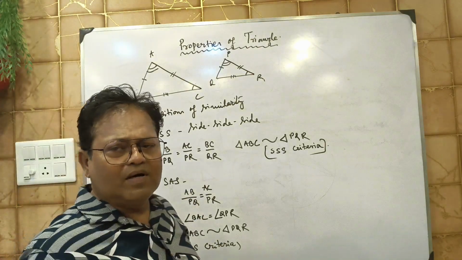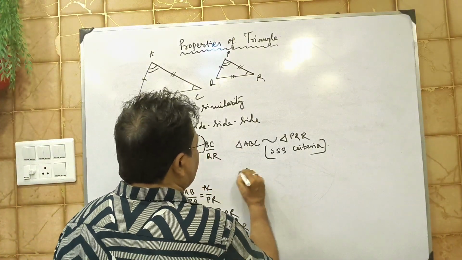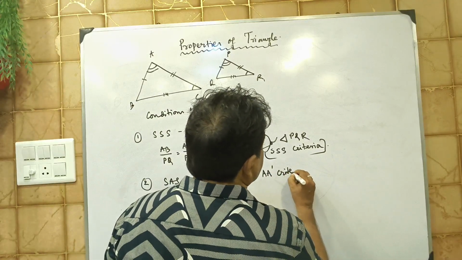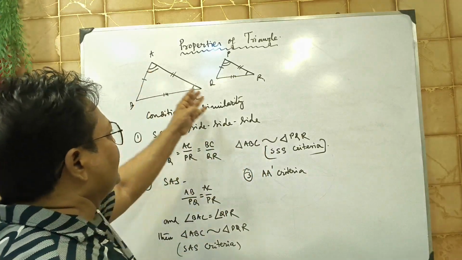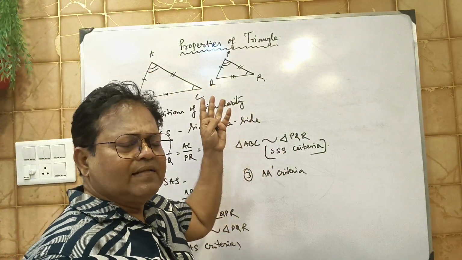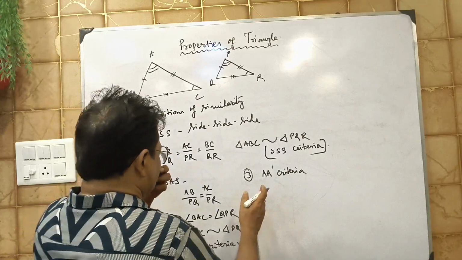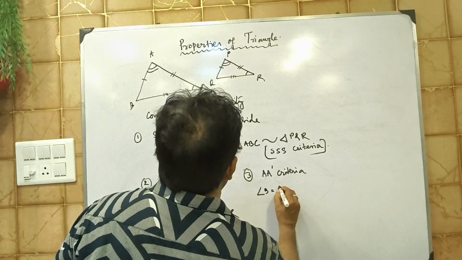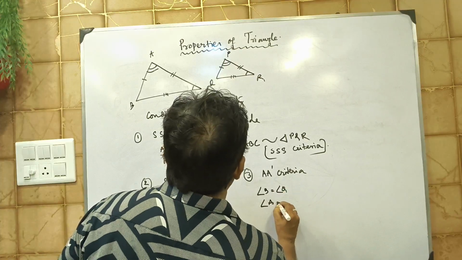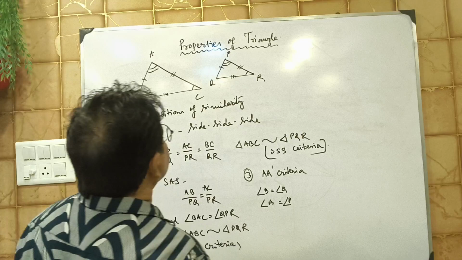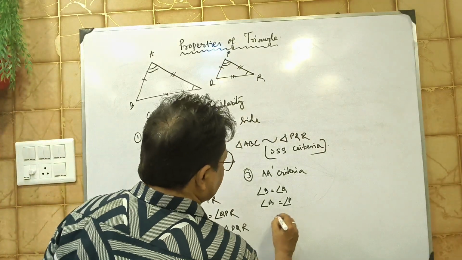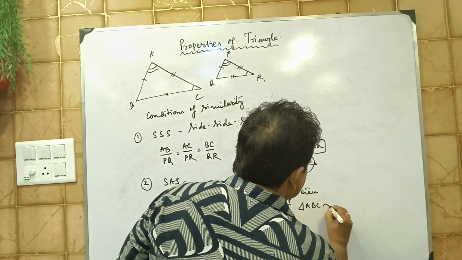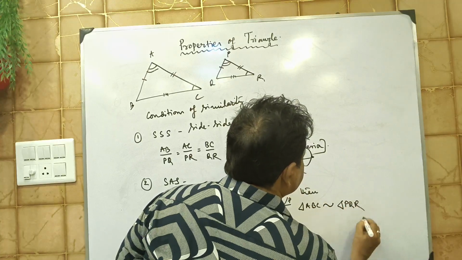And the third one, what is the third one? The third one is the angle criteria. In this case you know that if two angles of the two triangles are equal, then the third angle must be equal. So angle criteria means, suppose angle B equal to angle Q, angle A equal to angle P, then we can write that triangle ABC similar to triangle PQR.